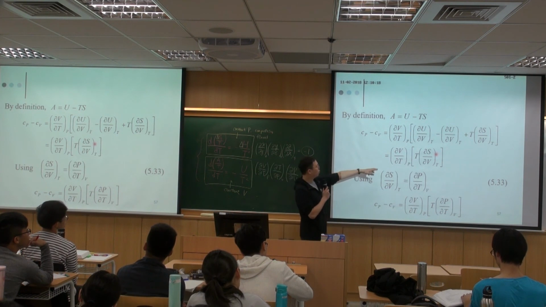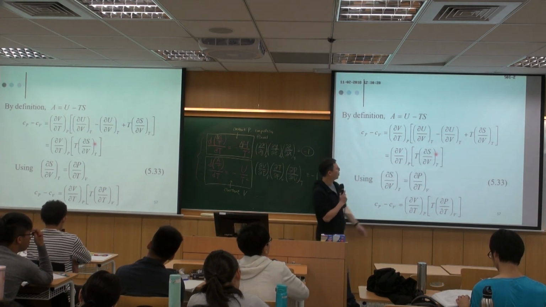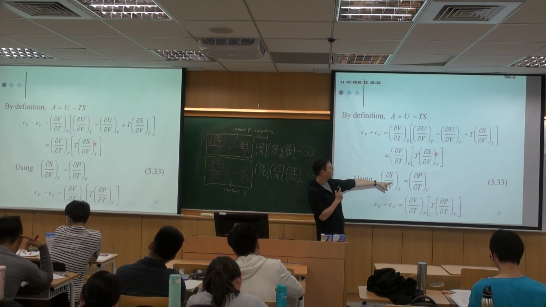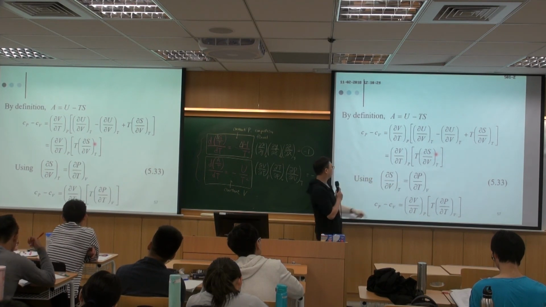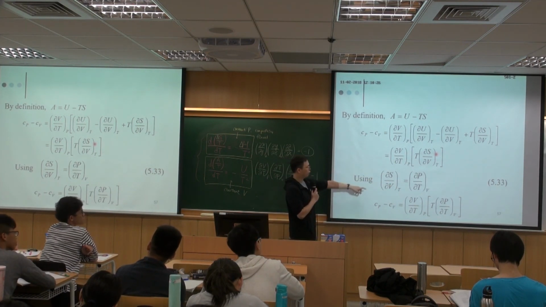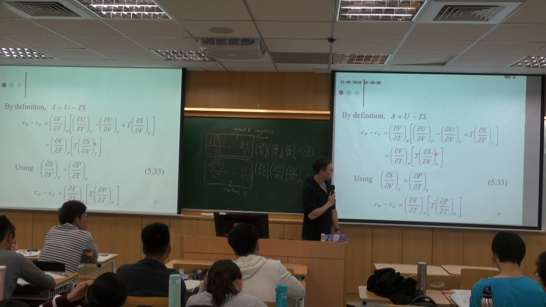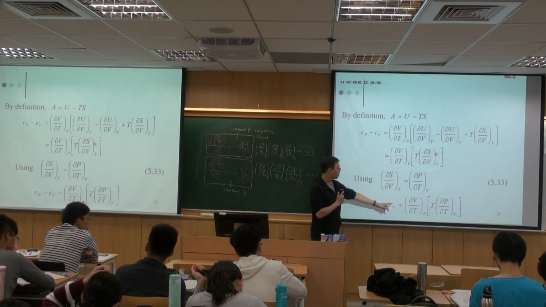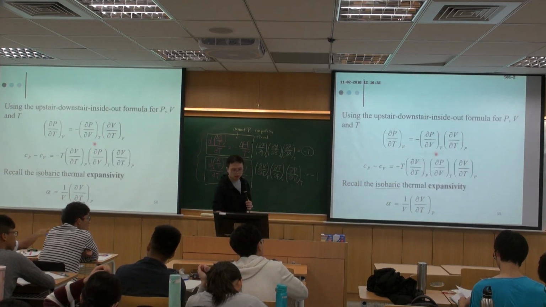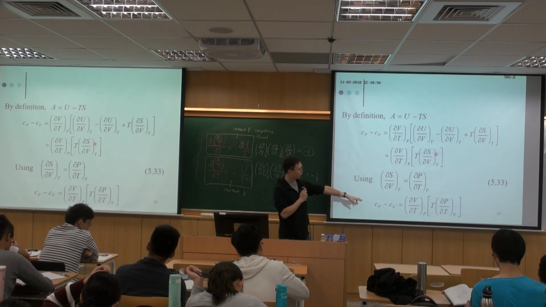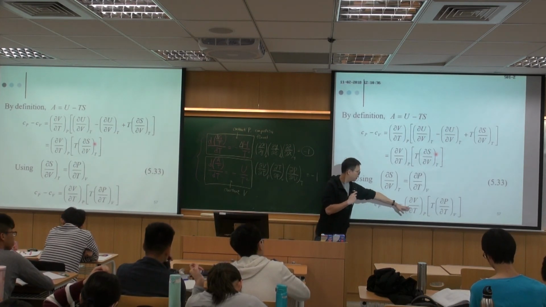Again, we don't know how to deal with partial S, partial V, so we further use this expression. We already used that before, partial P, partial T. If we plug that in, this will be our intermediate expression.